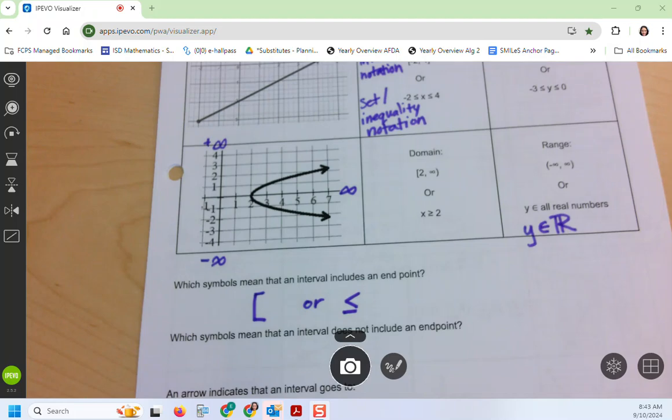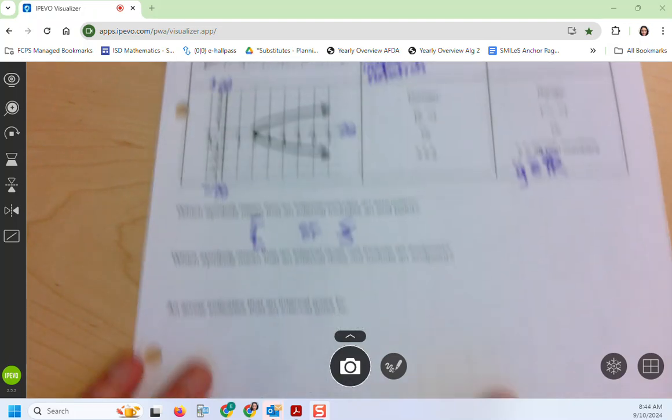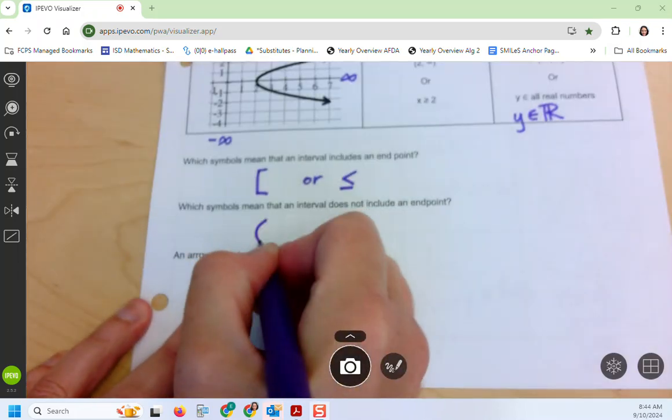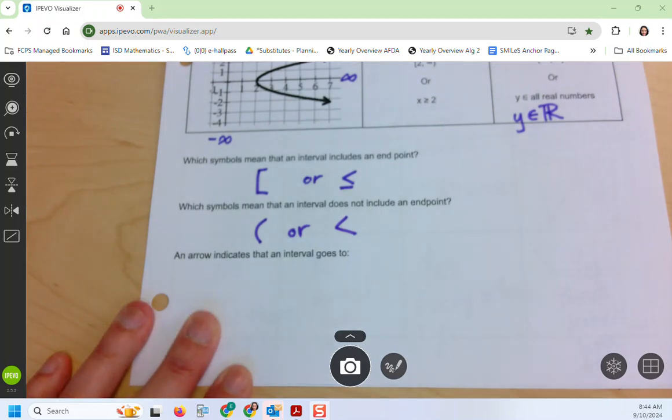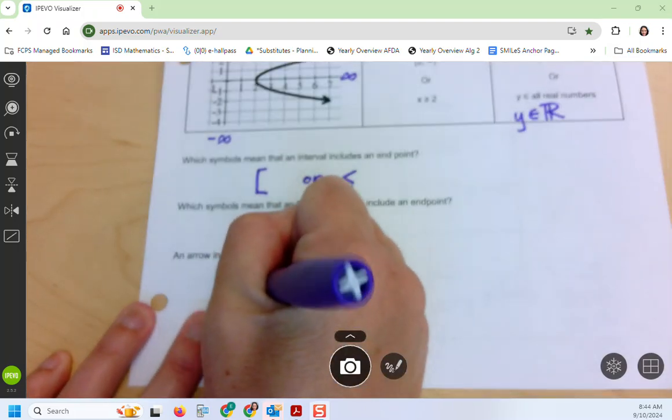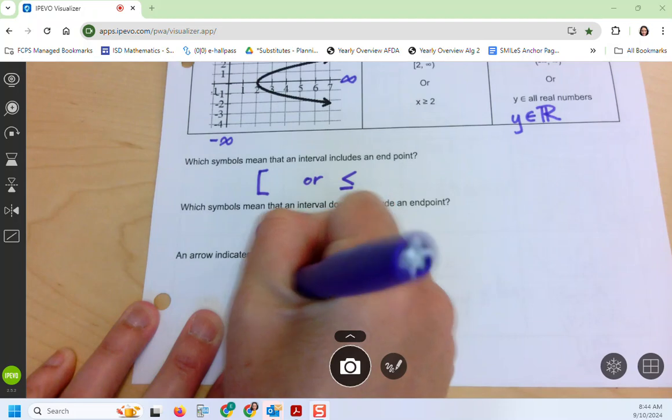If we don't include an endpoint, we're going to use a parentheses. Or we'll use a less than that does not have an equal on it. All right, and if you have an arrow at the end, then it's going to be going to what? Infinity, good. Or it might be going to -infinity.